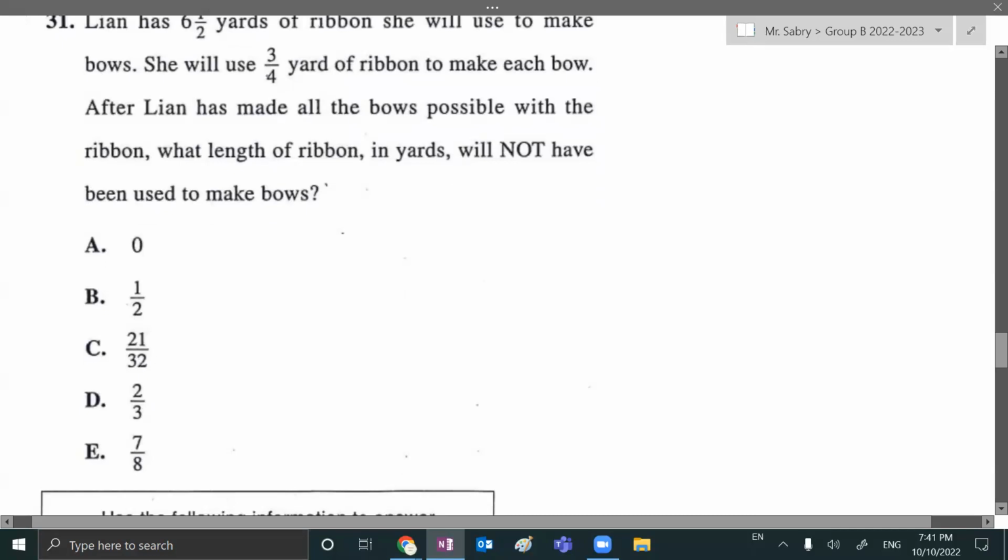So if each bow requires 3/4, then the 6.5 divided by the 3/4 should get me the number of bows she can create.